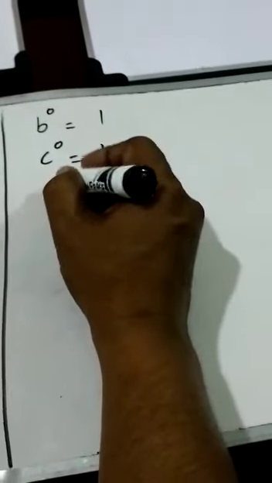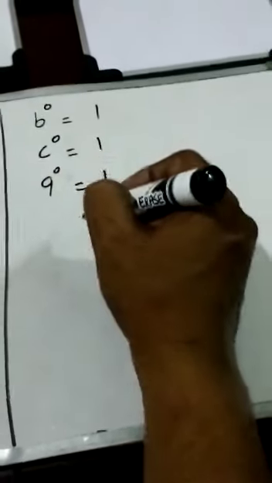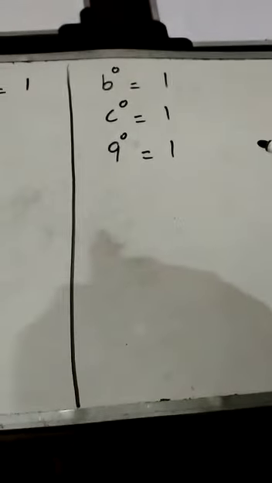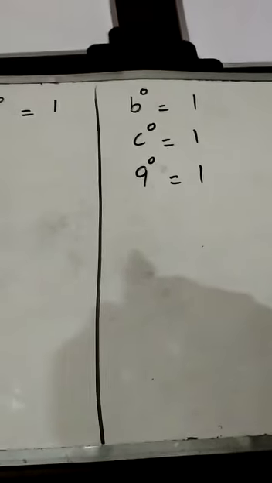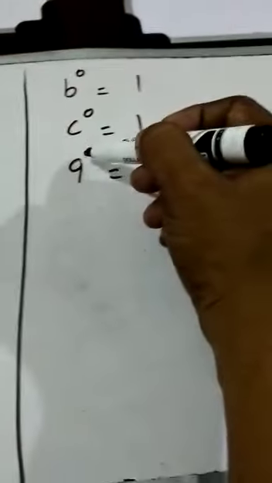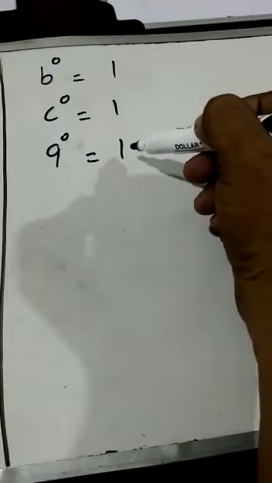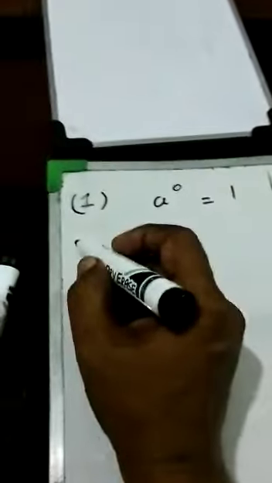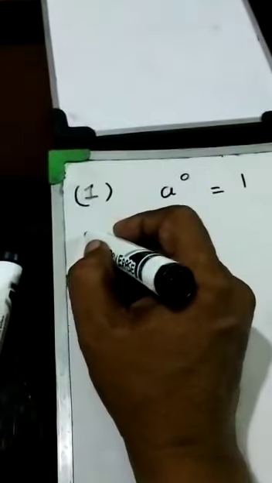Same way c^0 will also be 1. Same way 9 to the power 0 will also be 1. Whatever number you have, if you see that there is a 0 power, its value will be equal to 1. Okay, this is the first concept regarding this exercise.